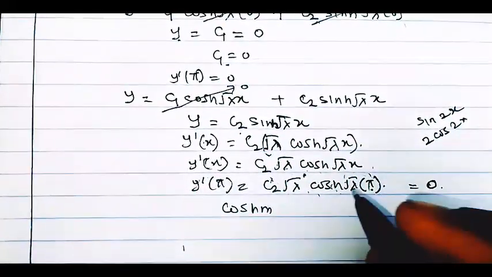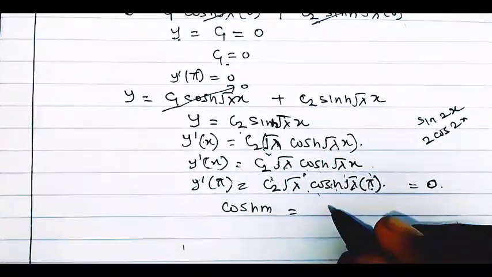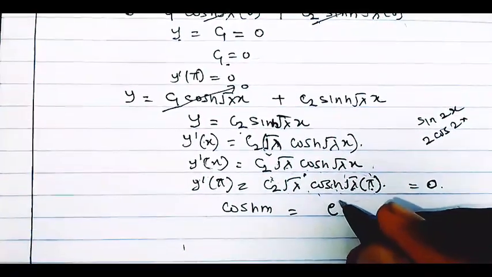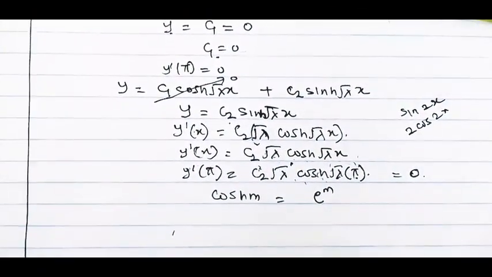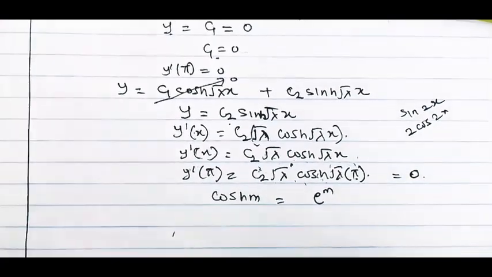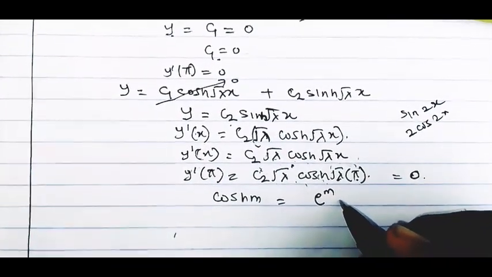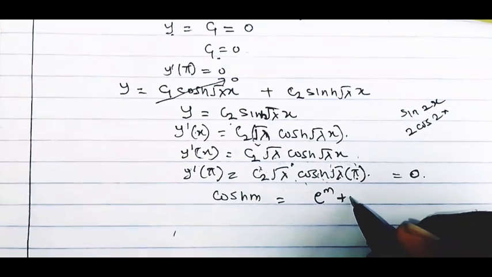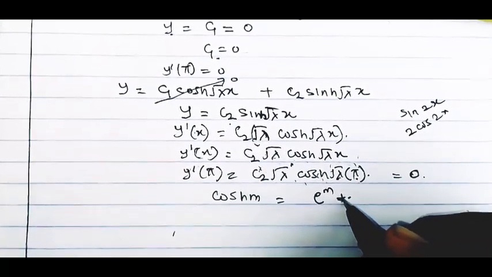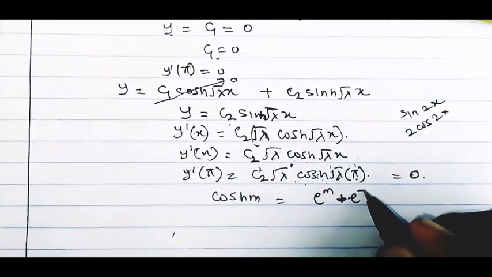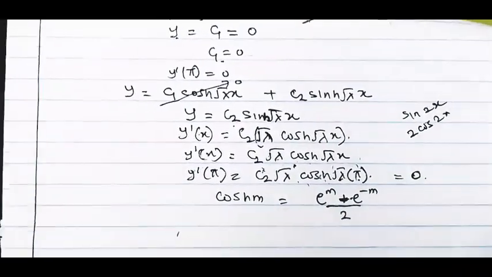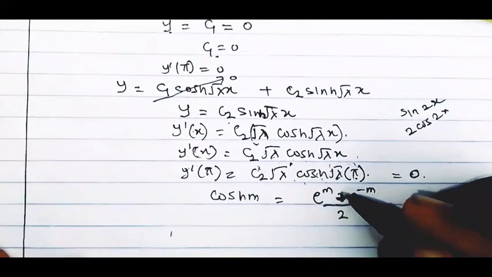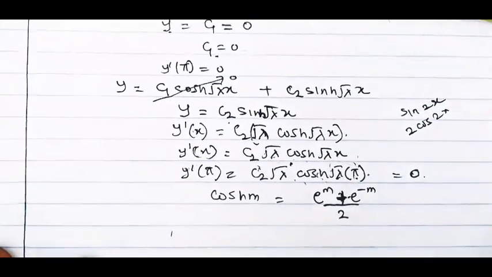So we know that cosh m is equal to the general form, exponential m plus exponential minus m, divided by 2. It's plus. So this is the general form for cosh m.